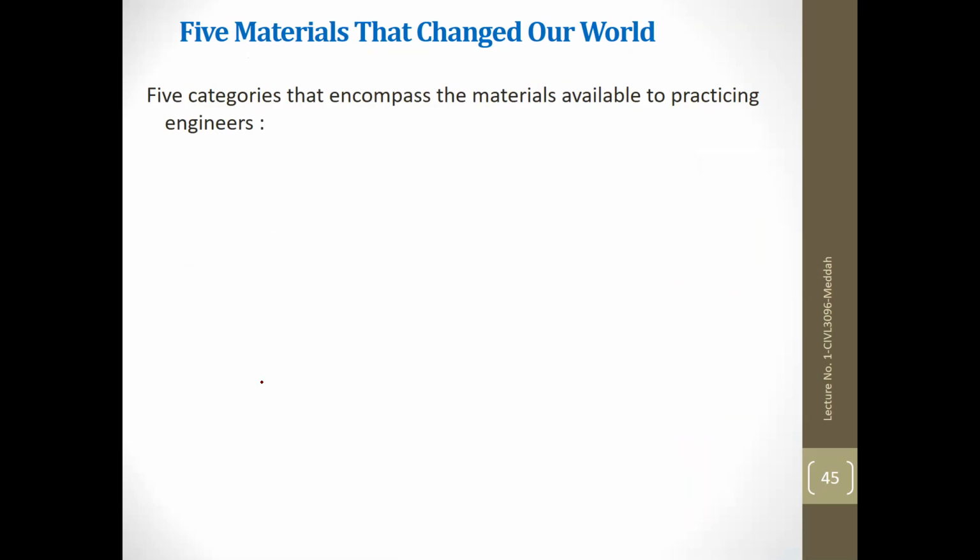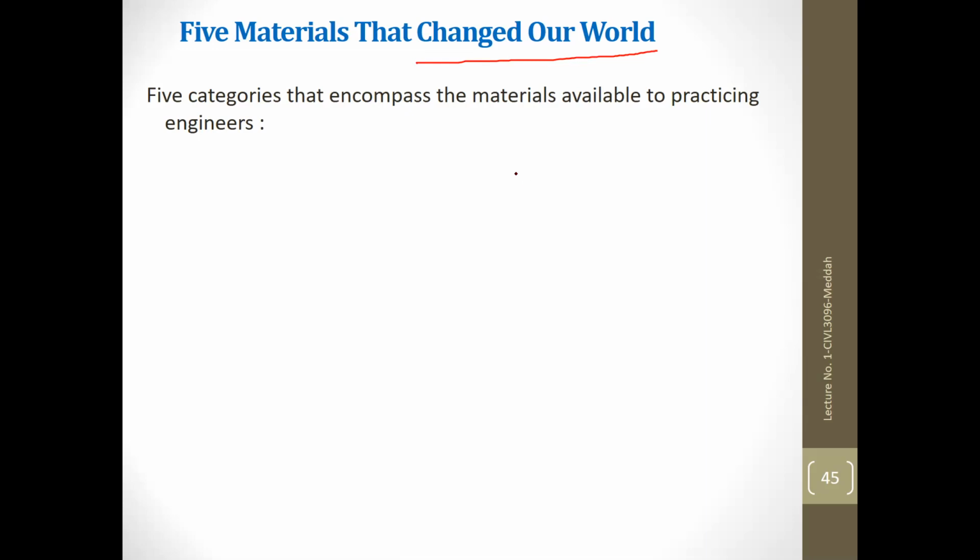So overall, we have five materials that we can say changed our world. If you don't agree with this, let me know, comment. But we all believe, I think, that these five materials have changed our world, have changed our life, have made significant change in the way we are dealing with materials and with devices, with equipment.